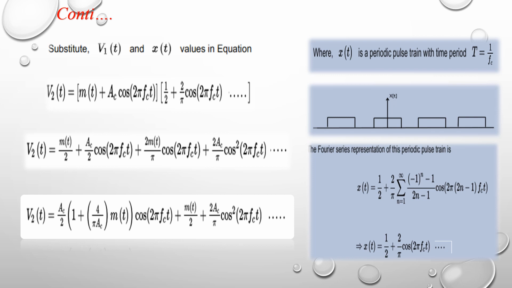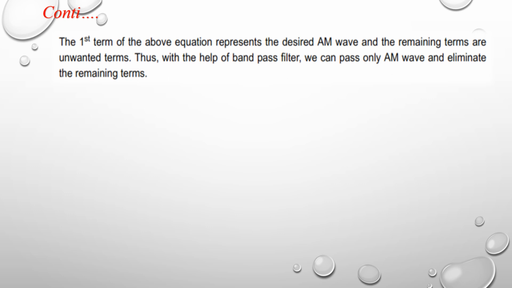Then we have to find the band pass filter output. We know that the band pass filter extracts only the wanted signals. The first term of the above equation represents the desired AM wave, and the remaining terms are unwanted terms.